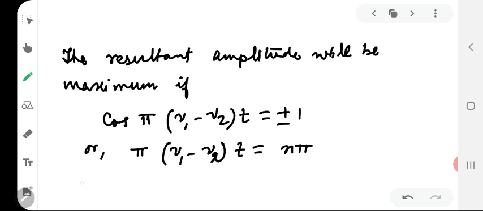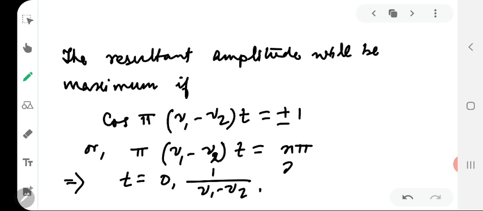So this implies t equal to 0, 1 by (nu 1 minus nu 2), 2 by (nu 1 minus nu 2), 3 by (nu 1 minus nu 2), and so on.